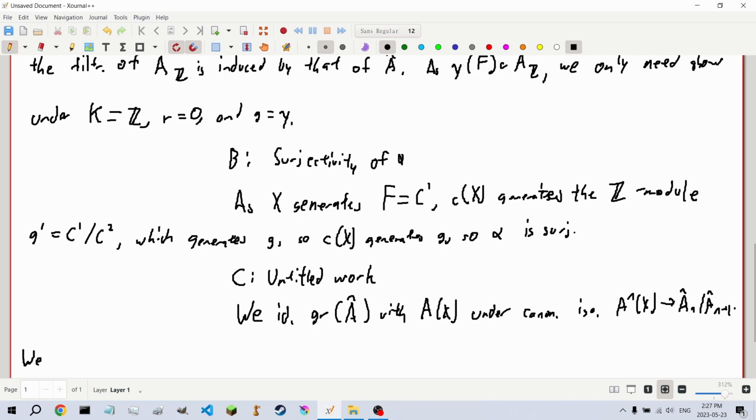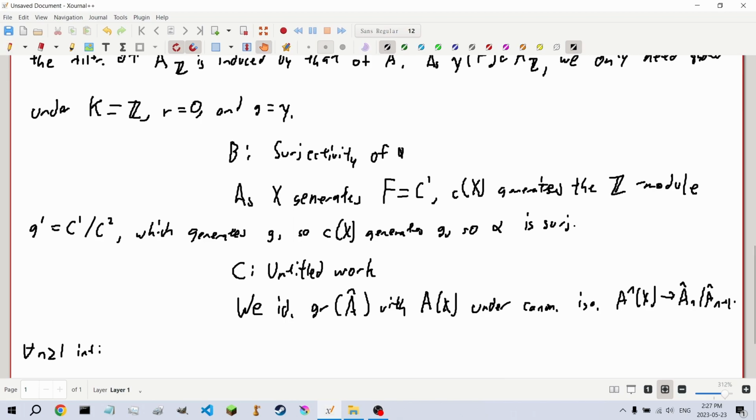We then write, for all n a positive integer, that F to the n is the inverse image under gamma of our gamma n.